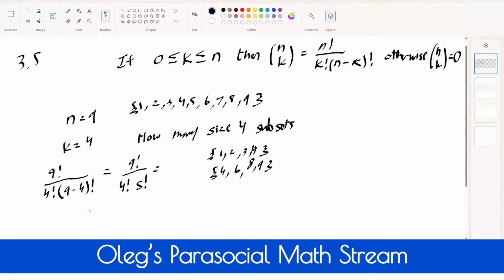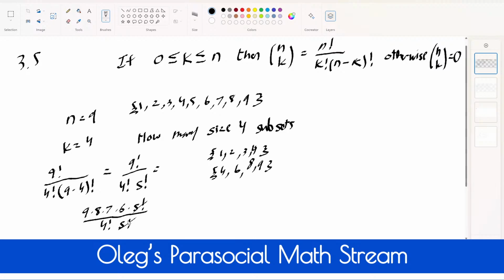So let's split up the 9. We're going to say 9 times 8 times 7 times 6 times 5 factorial over 4 factorial times 5 factorial. We're scratching the 5 factorials. So now we have 9 times 8 times 7 times 6 over 4 factorial.